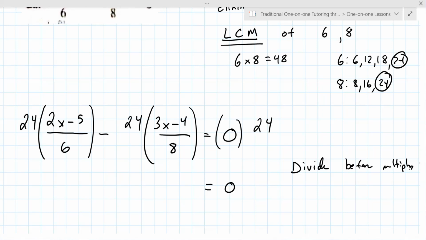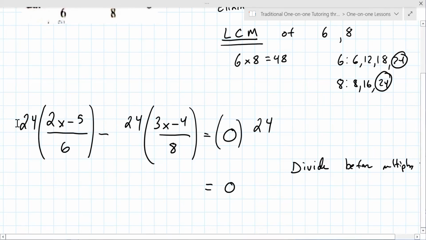Reason I bring up SAT is that's something you'll see on there where if you divide first, it makes things more manageable. So what I mean by that is 24 divided by 6 is 4. So it's 4 times (2x minus 5) minus 24 divided by 8 is 3. Just as I mentioned, the numbers get smaller, more manageable.